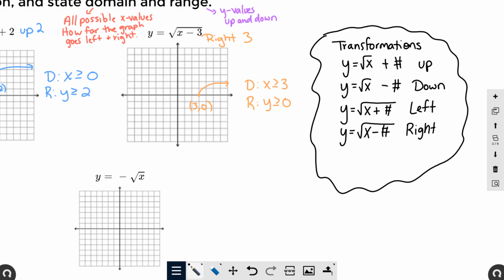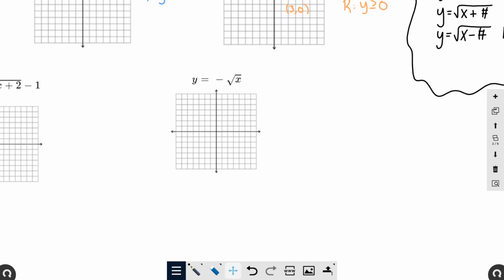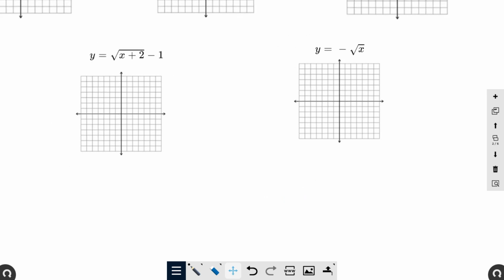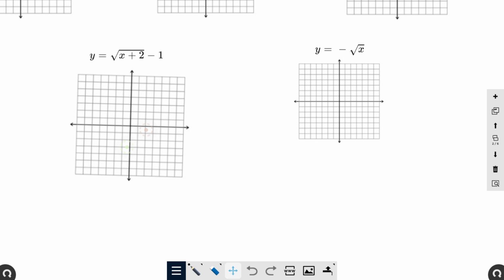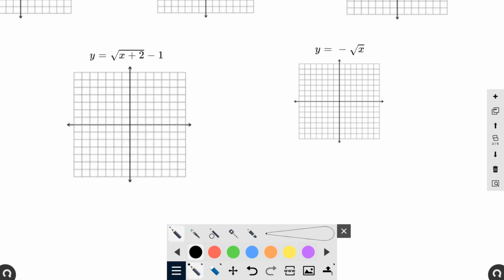So this next problem, let's do it without graphing it on the calculator. So this one says y equals the square root of x plus 2, minus 1. Now, without graphing it on the calculator, let's graph it on our paper, okay?